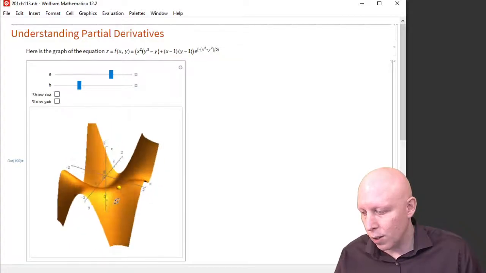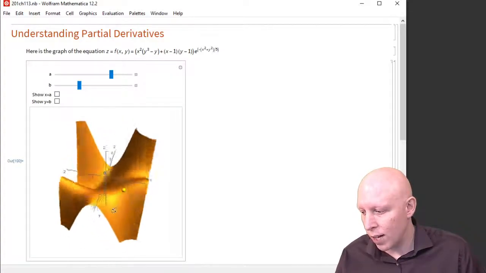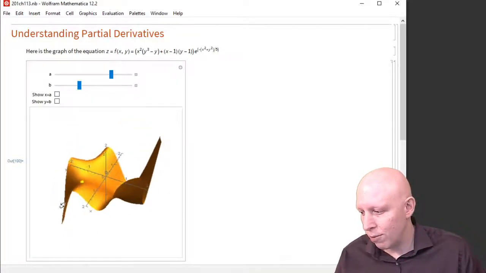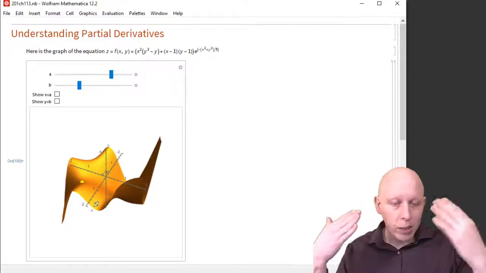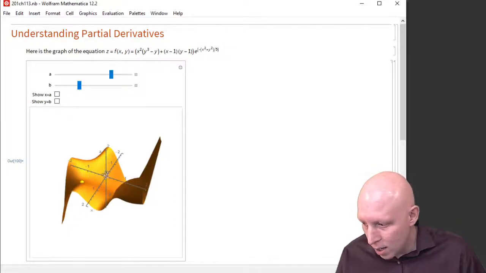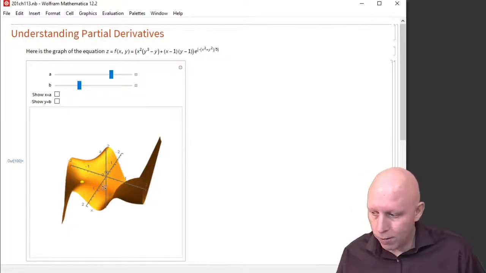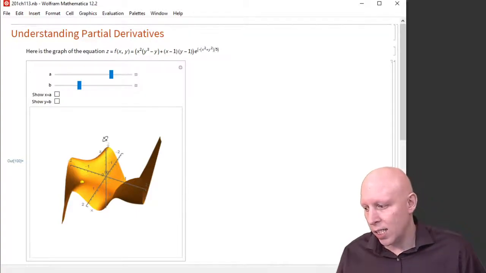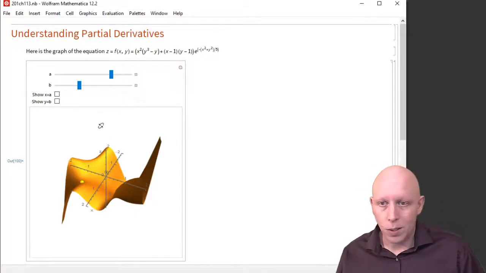All right, so we've got our x variable. This is normally the orientation that we look at our graph, where x is coming out towards us, y is sloping off here to the right, and z is going upwards.